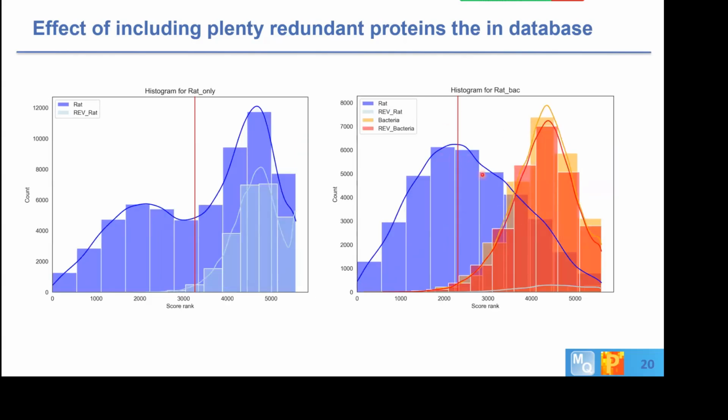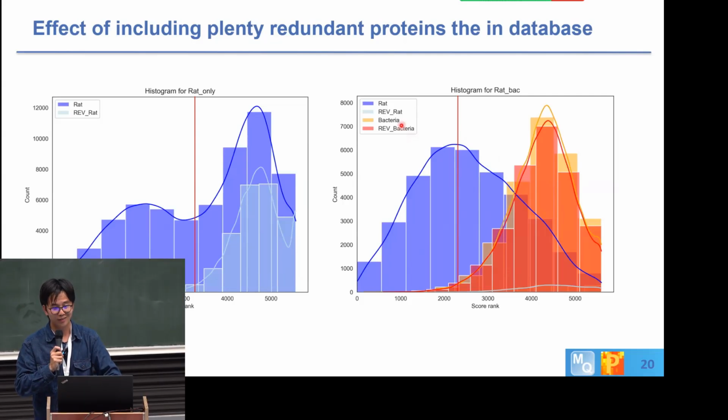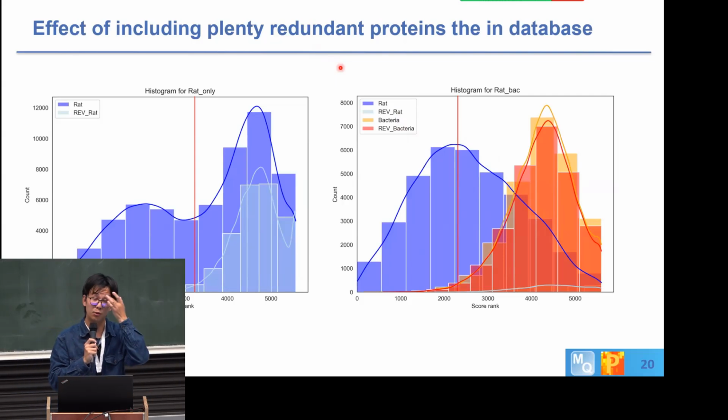When you look at this figure, you can see that the largest contribution of false identifications is not from the reverse part of the rat, but from the reverse part of the bacteria. This shows the negative effect of redundant proteins in the database. If you put in a lot of proteins that in theory should not be present in your sample, the database search is going to take a very, very long time.